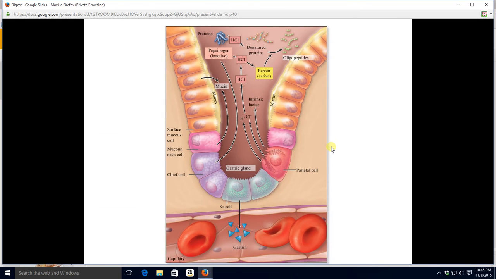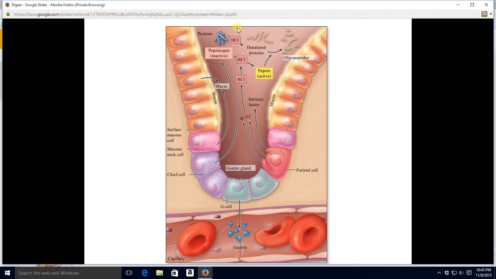Okay, here are the actions of those cells. Again, we see our mucus cells making a basic mucus. We see our chief cell making the inactive pepsinogen, which is converted into pepsin by hydrochloric acid, which came from parietal cells. The hydrochloric acid also helps us denature proteins, which is valuable immunologically as it helps defend against bacteria and viruses.